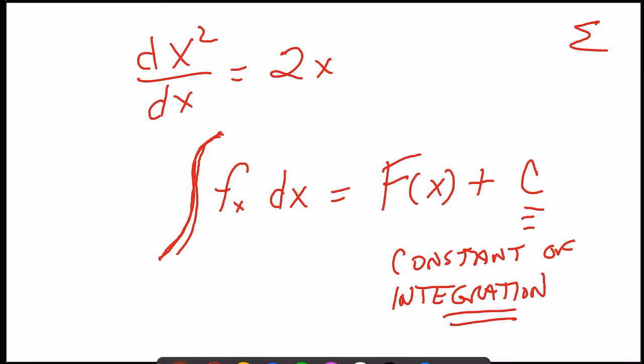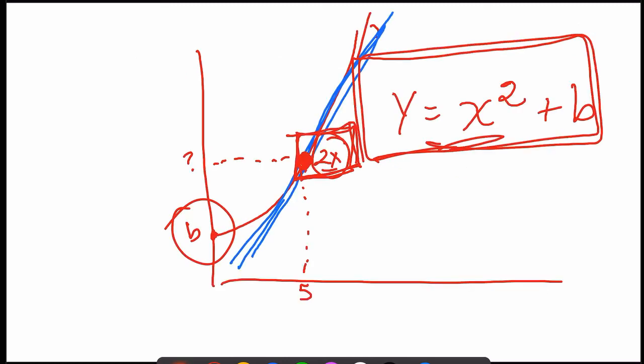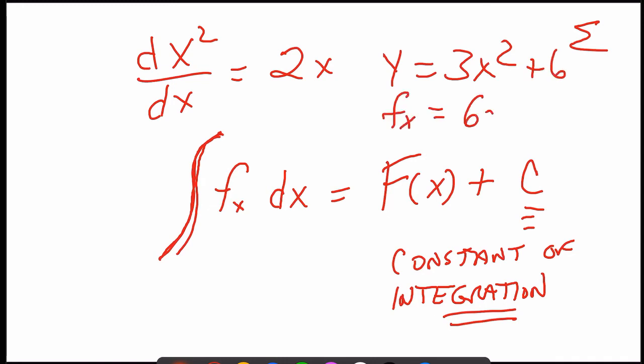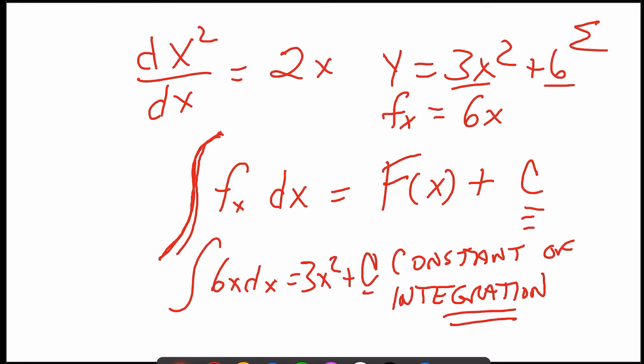Okay, why is that c there? Well, yeah, this. So if I say y equals 3x squared plus 6, f of x would be 6x, right? Because that turns into a 0 and that turns into 6x. So if I take the integral of 6x dx, I'm going to get 3x squared plus something, but I don't know that it was 6 originally.